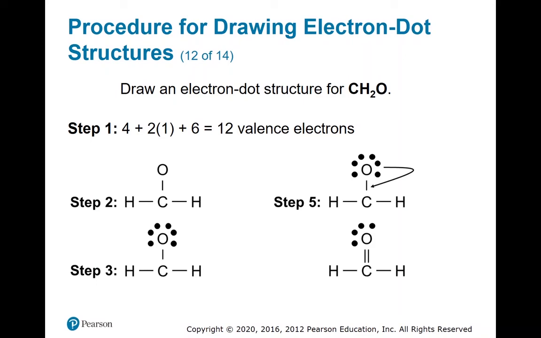And if we check that, carbon now has 4 bonding pairs of electrons around it, 1 with each of the hydrogens and 2 pairs with the oxygen. And 4 pairs times 2, since there's 2 electrons in a pair, gives us 8 electrons. And so carbon now has a complete octet. So that structure you see at the bottom right of this slide is the correct structure for formaldehyde.